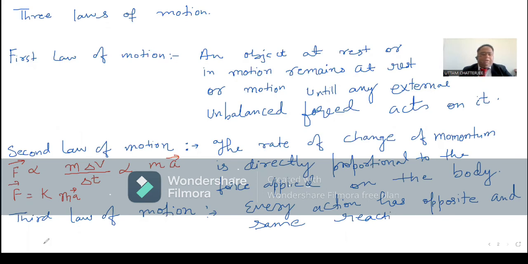That means if somebody is climbing a stair, the moment the person presses his foot down, he will climb up. Similarly, while climbing a rope, the rope has to be pulled down to make the body climb up.